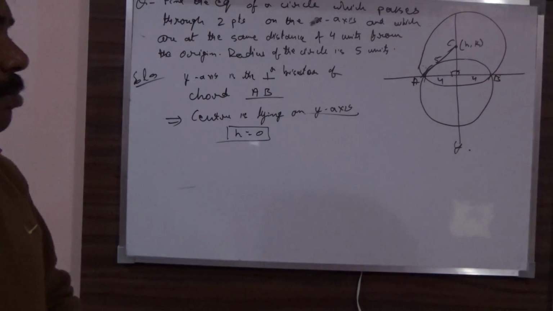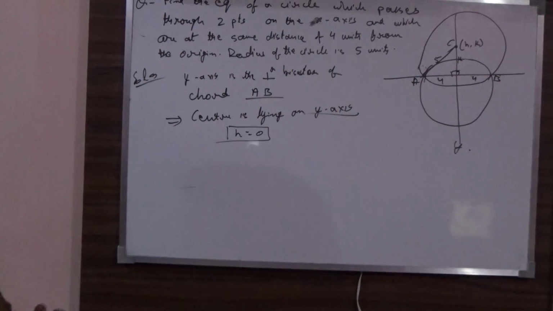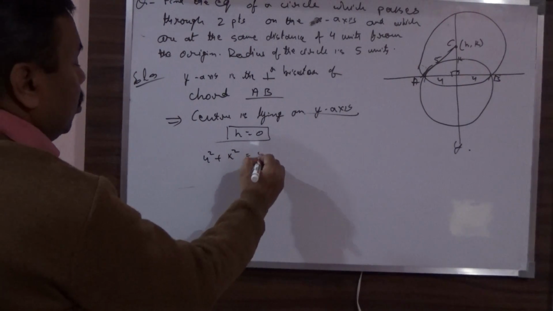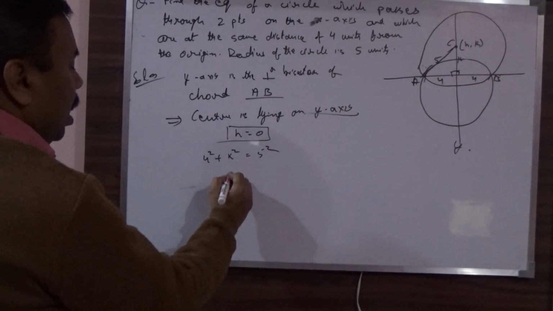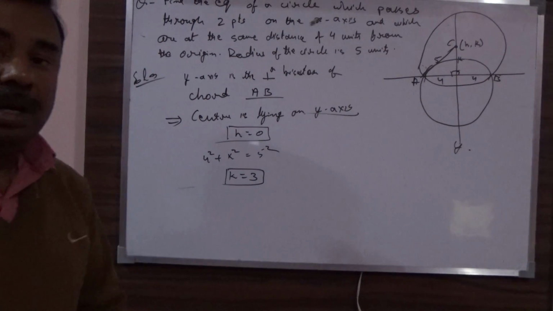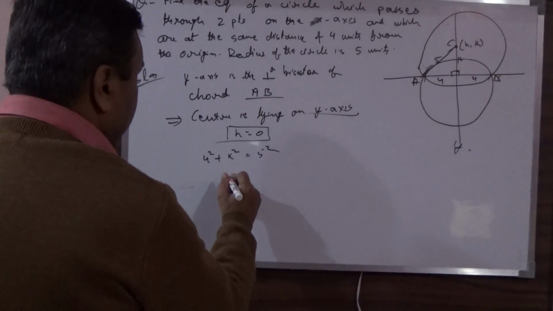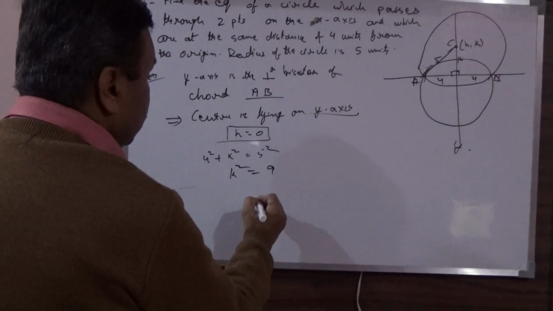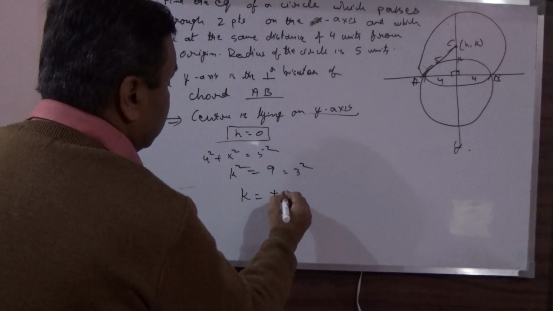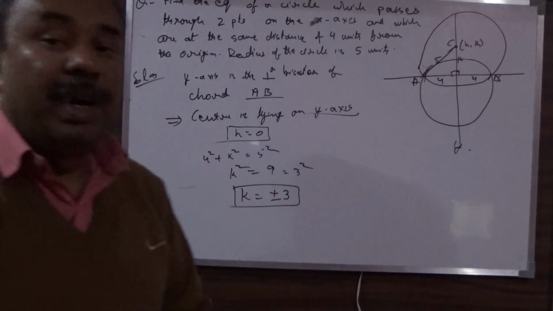Now using the Pythagoras theorem, if this distance is k, I can say that 4 square plus k square is equal to 5 square, and on solving it, k square equals 9 or 3 square, so k is equal to plus 3 or minus 3. k will have two values.